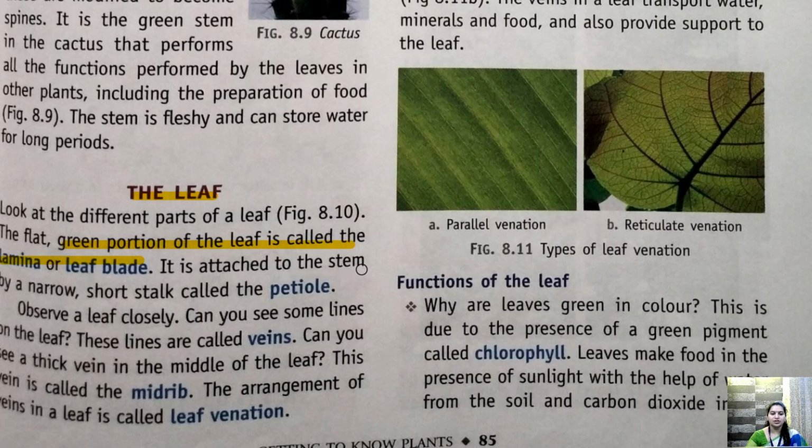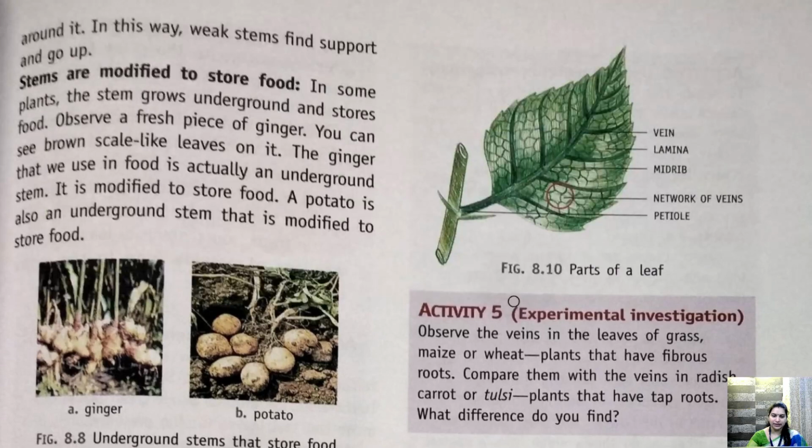It is attached to the stem by a narrow short stalk called petiole. So this small stalk which is attached to the stem is called petiole, and this complete flat leaf is called lamina.